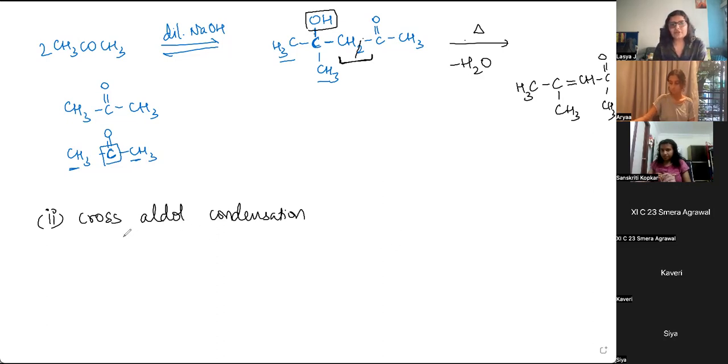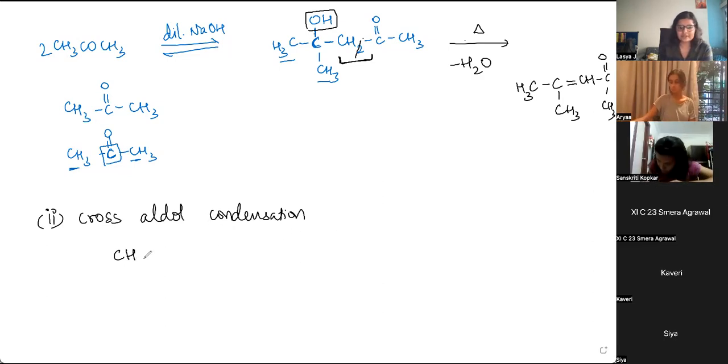So cross aldol is when, unlike here where we are mixing with the same molecule, I took only acetaldehyde in the previous example, acetone in this example. So if you take different aldehydes or different ketones or a mix of an aldehyde and a ketone, that's cross aldol condensation. In that case, you get 4 different products, which is basically the permutation combination of all the possibilities.